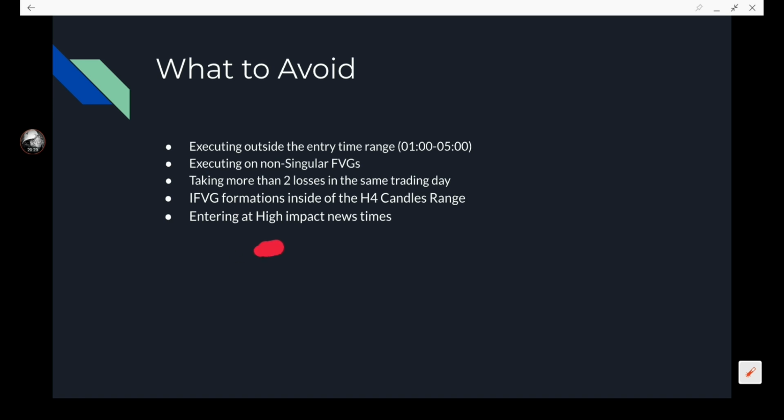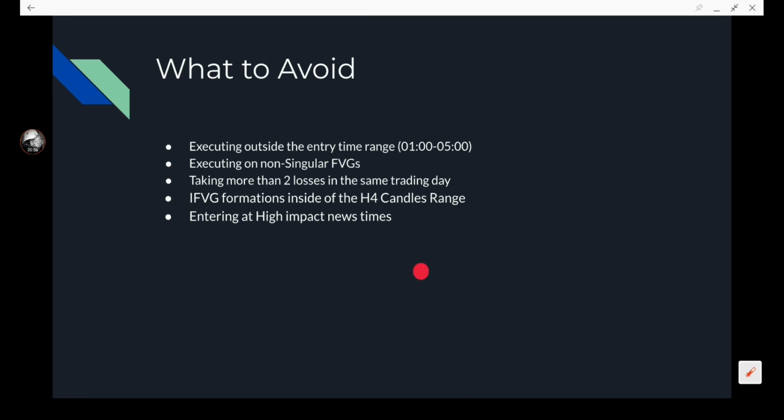Entering at high impact news times. Ladies and gentlemen, you get fried if you enter at high impact news times. There are experts who trade high impact news, but if you're a prop firm trader or if you're trading personal capital using this strategy, I advise you not to enter at high impact news times.